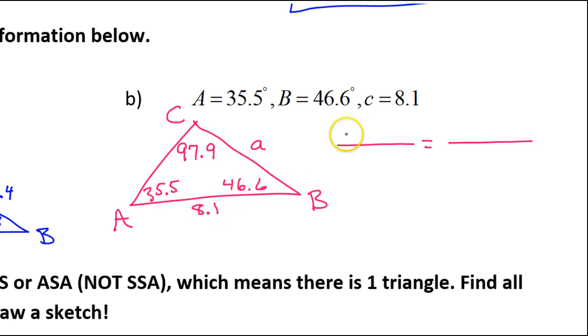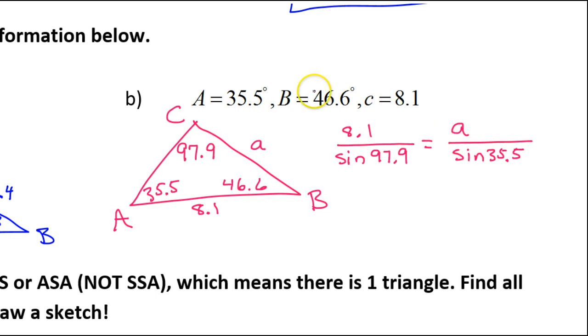Okay, so I'm going to say 8.1 over the sine of 97.9 is equal to side A over the sine of 35.5.